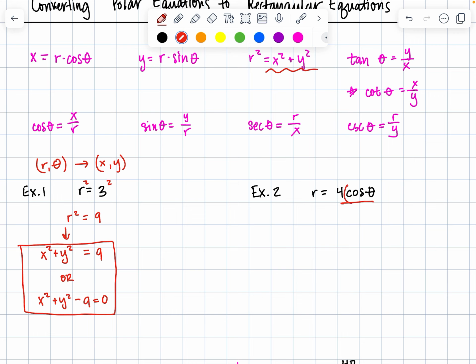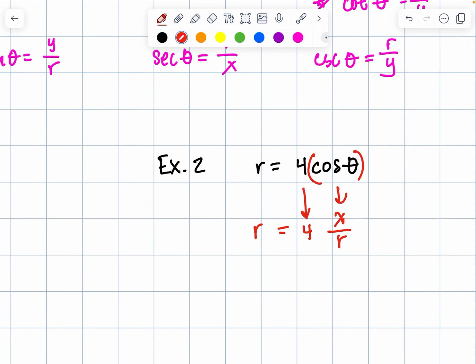So we could take this part of our equation and convert this to x over r. 4 stays the same, and leave r is equal to. Now, if we want to clean this up really quickly, we could call this r is equal to 4x over r, and we're good to go here.